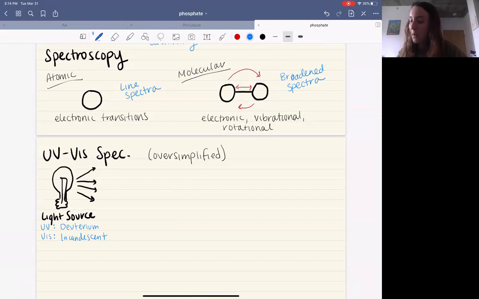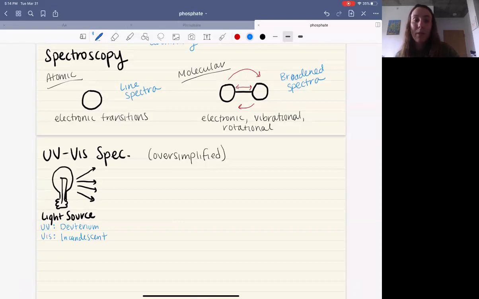So up next, typically in a UV-Vis spec, is a monochromator, and I'm going to break down the monochromator again in an oversimplified way here. But a monochromator, the whole purpose is to select just a single wavelength.